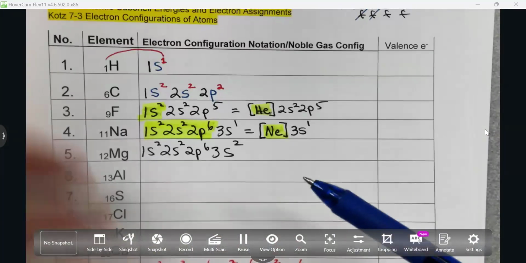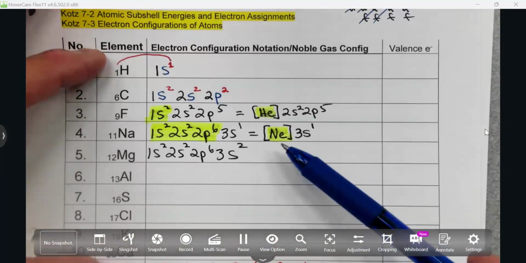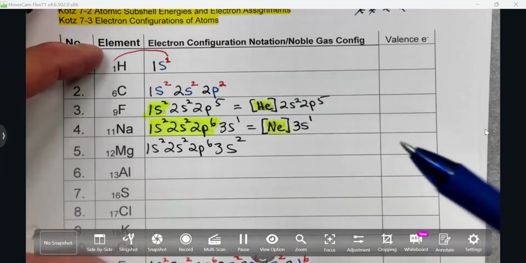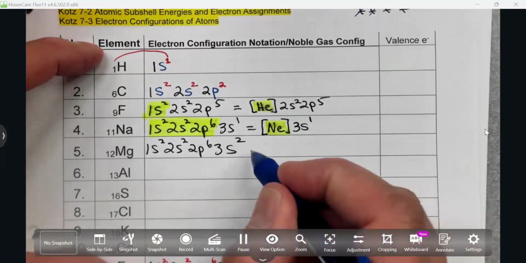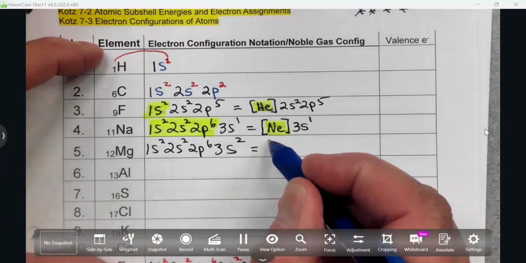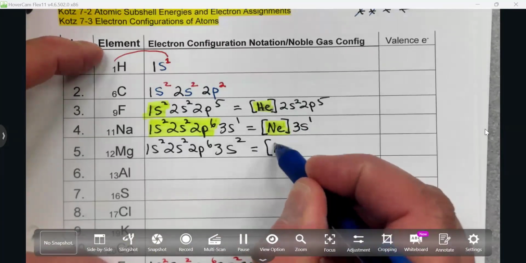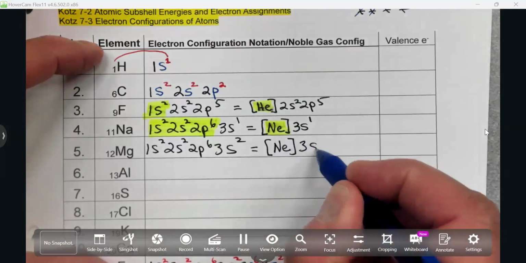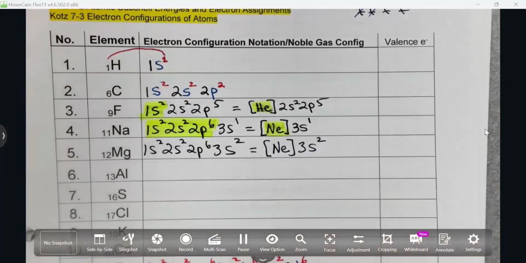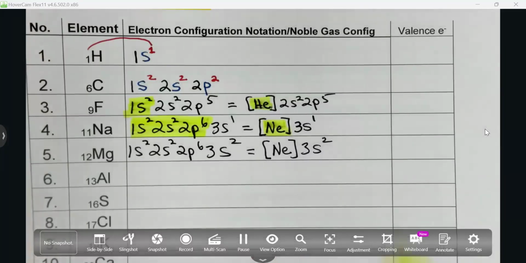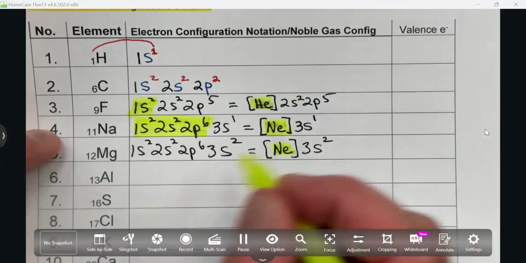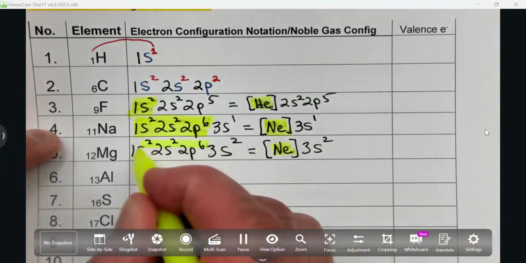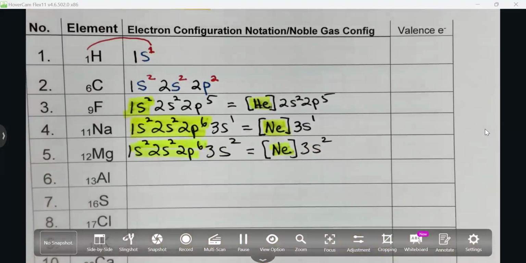At the end, I said there is a shorthand way to do this, which is to put the previous noble gas in brackets and then just do what's added to it. So neon's configuration is up to here, right? That would be the configuration of neon.